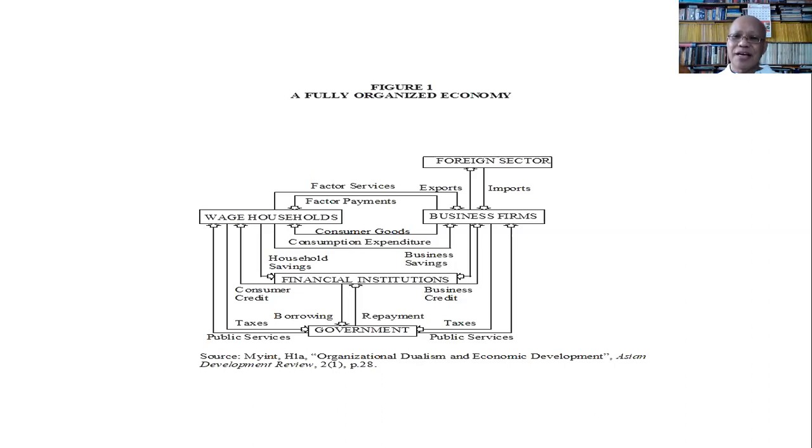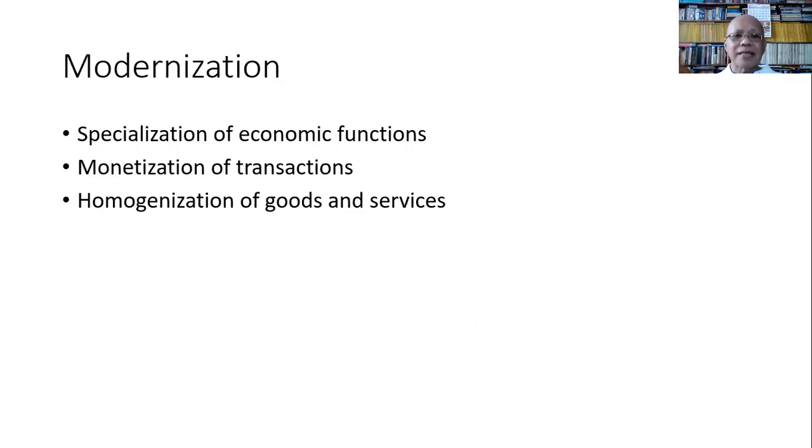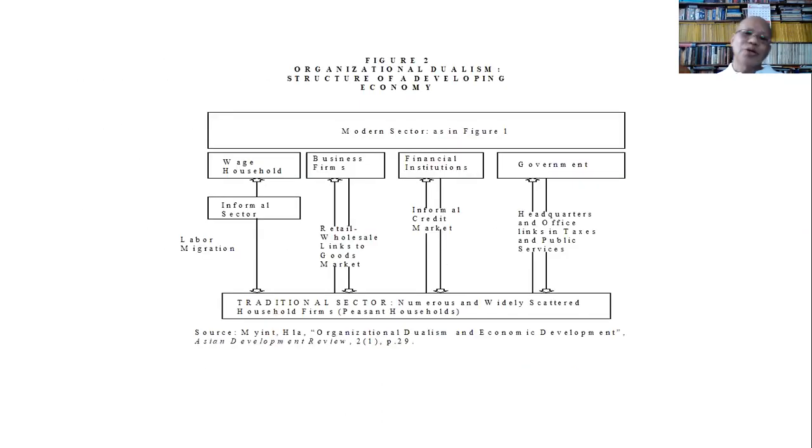They have their communication and transport links with each other, so that the modern sector in the Philippines can easily connect with those in the United States, in Canada, and Hong Kong, in Europe, and the like. Okay? But there is a sector in the developing economy which is not integrated into the modern sector, and these should be called the informal sector. Okay? What's the informal sector?